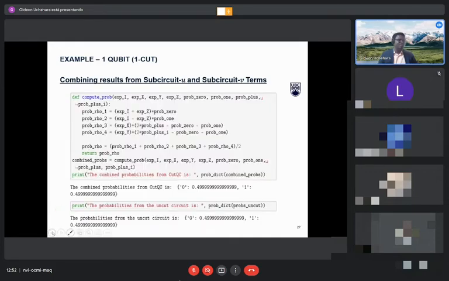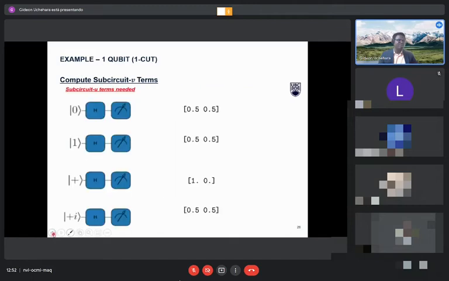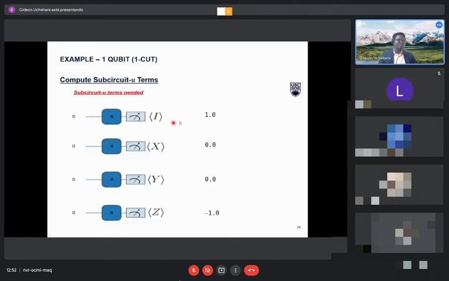Now, the goal is to combine the results that we got. Remember the trace of rho I, rho Z, we already got them from here. This is the same as the expectation value. So for I it is 1, for Z it is minus 1, and for X it is 0, Y is 0.